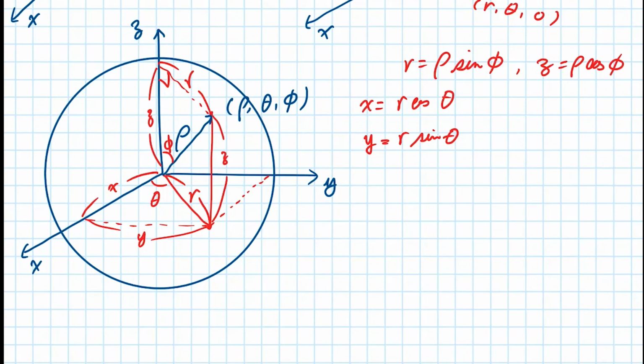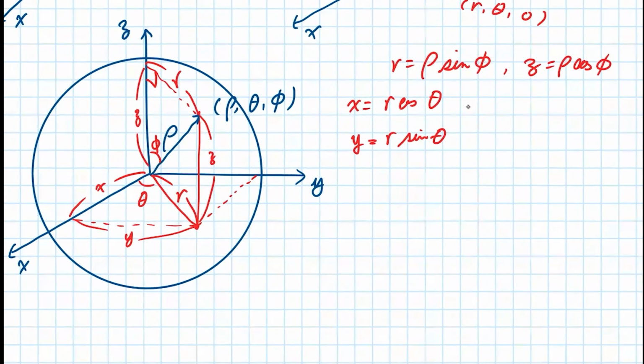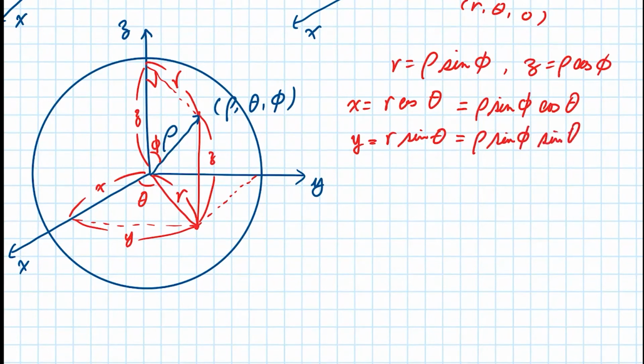Then all we have to do is substitute. So we have R, which is rho sine phi. So we have rho sine phi cosine theta. And here rho sine phi sine theta.